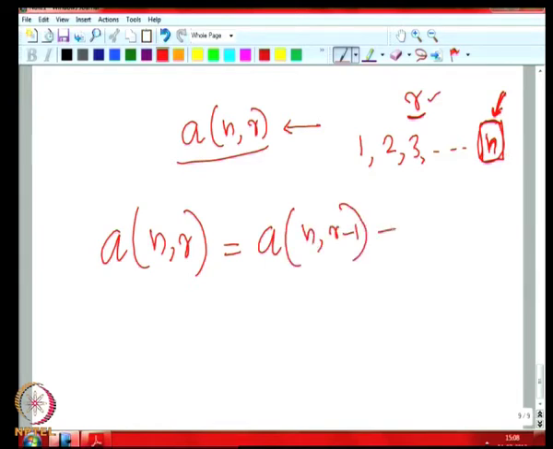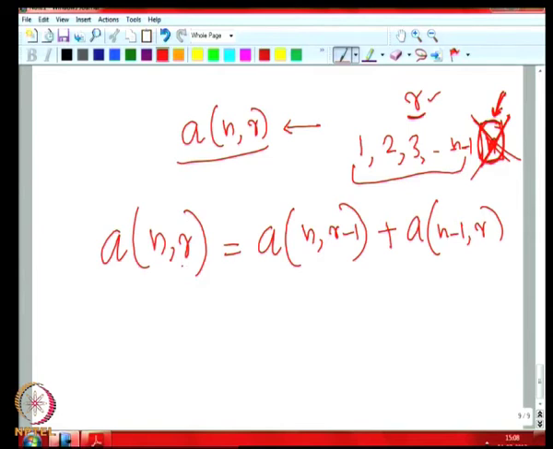The other case is when we decide not to take this object at all. That means we have only n minus 1 objects available, and we have to take all the r objects from those. So, that is A of n minus 1 comma r. This is the recurrence relation. Now, fixing an n, for what values of r is this valid?